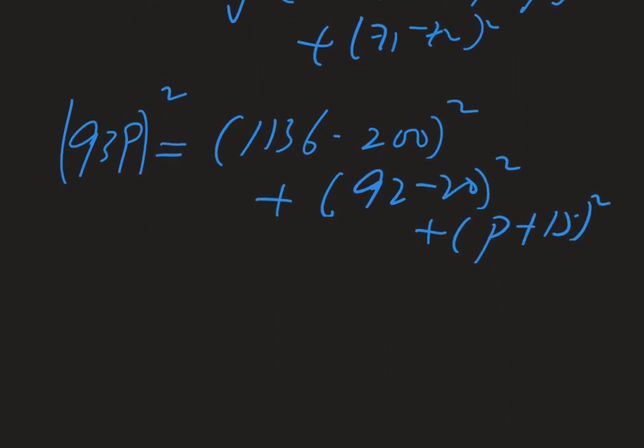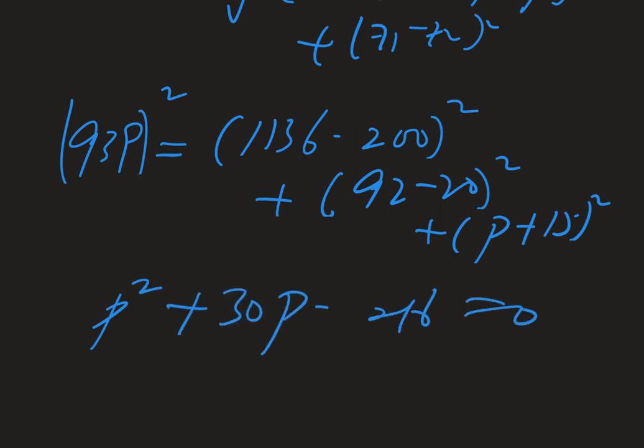So ultimately what we get is this equation: p squared plus 30p minus 216 equals 0.